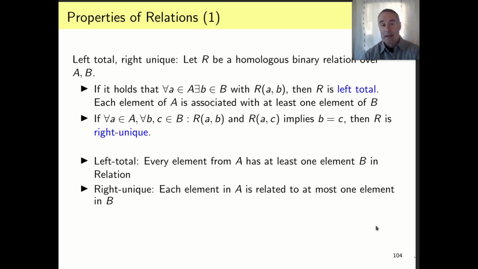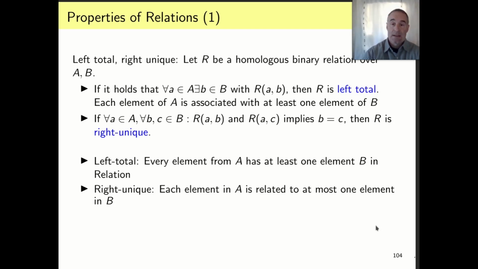Another property, right unique. So for every a in the set A, and for all b in B, there's some c that's in B, such that relation ab holds and relation ac holds, and that means that b is equal to c.